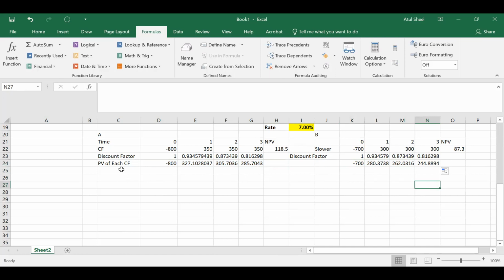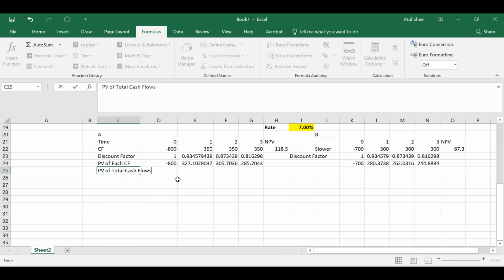So if my net present value over here, first I get the present value of total cash flows. If I take from time 0, this will become net. This is NPV, including time zero. So this will be equal to what?